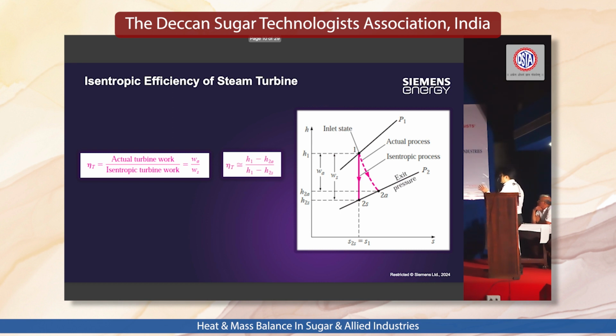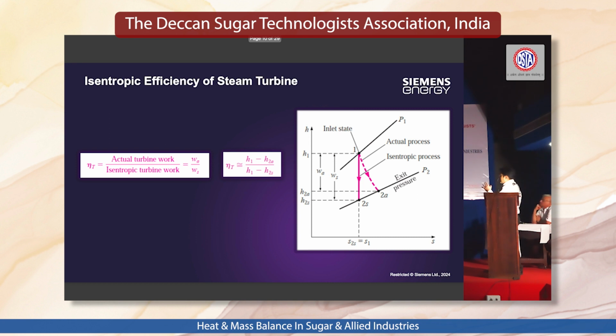Being a steam turbine manufacturer, our main aim is to improve the turbine efficiency as much as possible. Because of that, the efficiency of the complete cogeneration plant can be increased. So ultimately, what is the isentropic efficiency of the turbine?